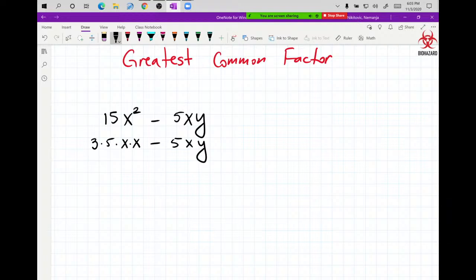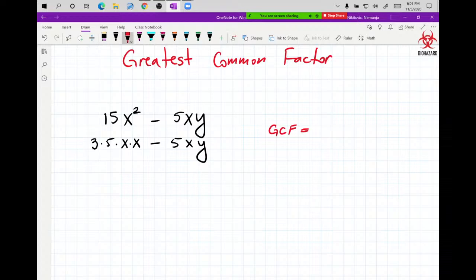Now our goal is to find what we call the GCF, and I'm going to call it the common stuff. We should call it numbers and variables, but I'm just going to say, find the common stuff. What is in both of these?